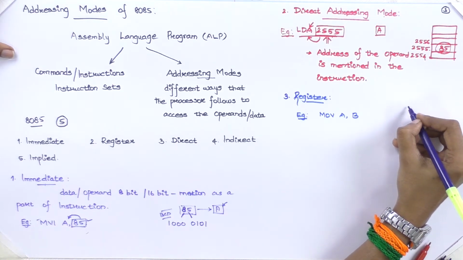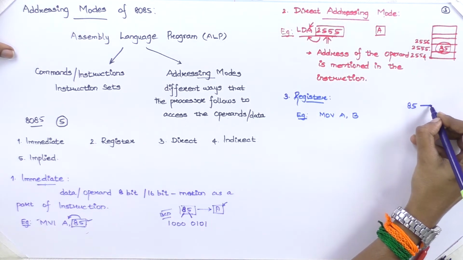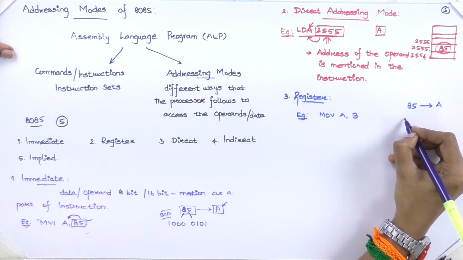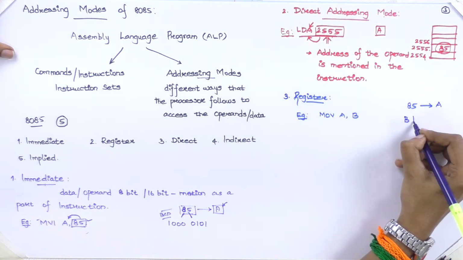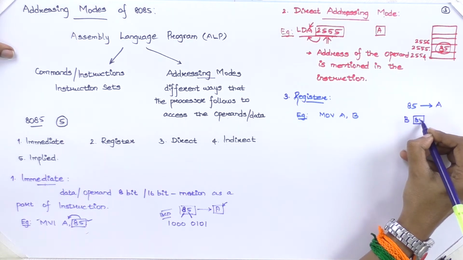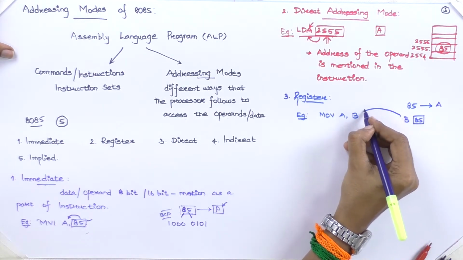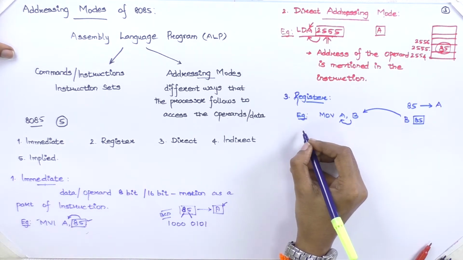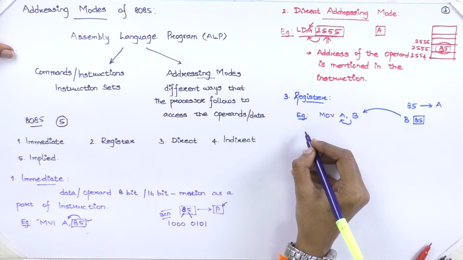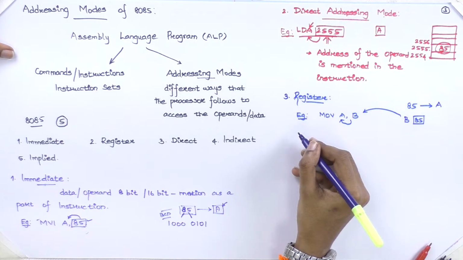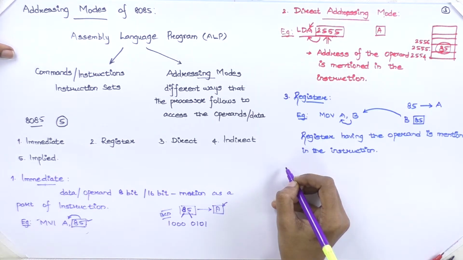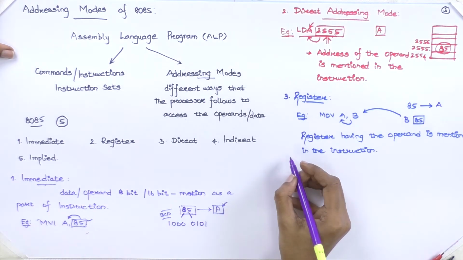Here, if I want to move the value 85 to the accumulator, this 85 will be stored in the B register and that register is mentioned in the instruction. So the register addressing mode is nothing but the register that is having the operand will be mentioned in the instruction.